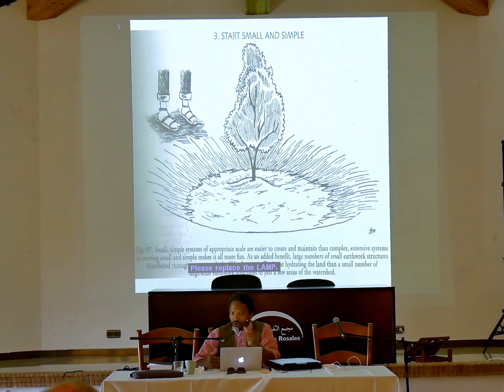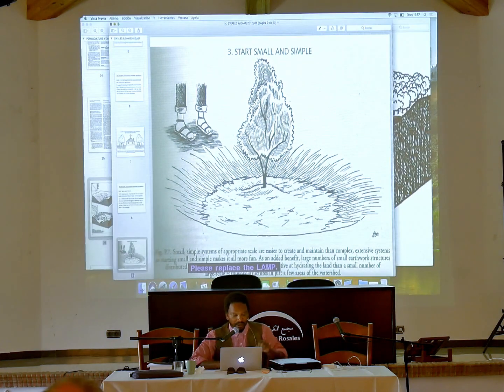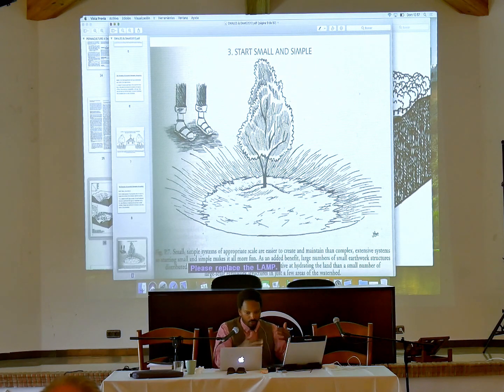If you have relatively small volumes in lots of storages, then you don't run the risk of that happening. And I'll show you one example of the effectiveness of using relatively small storage features spread over a relatively large area.